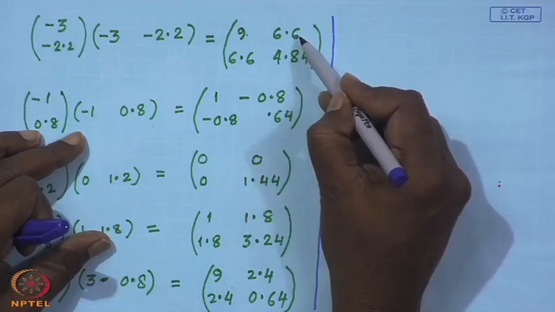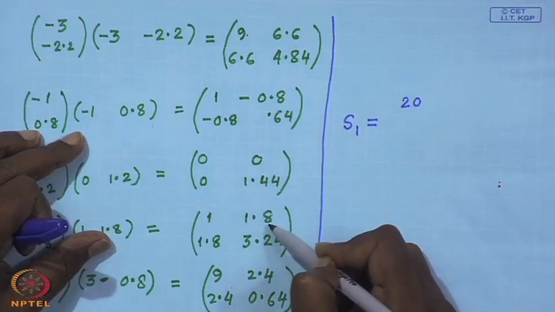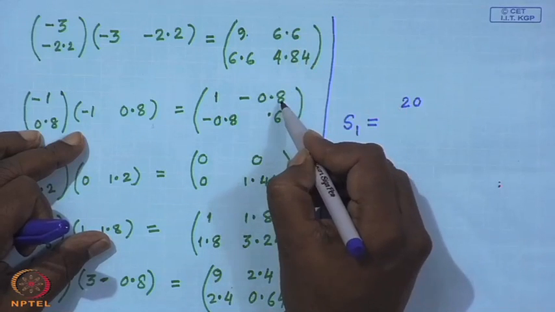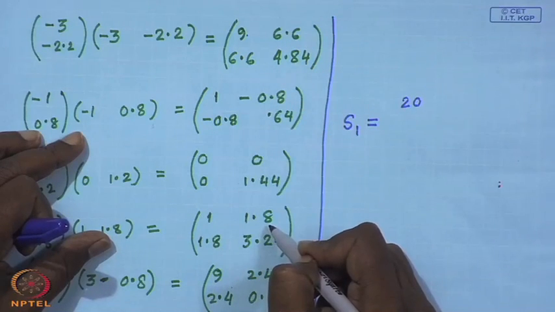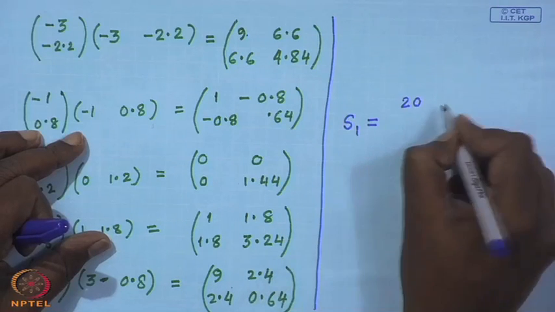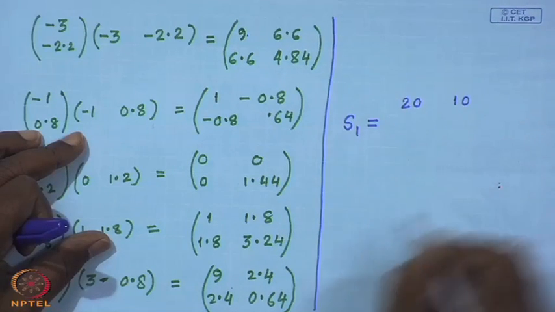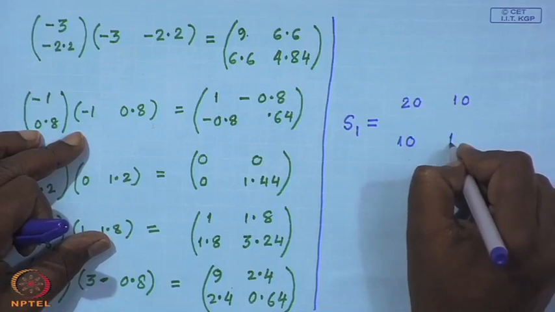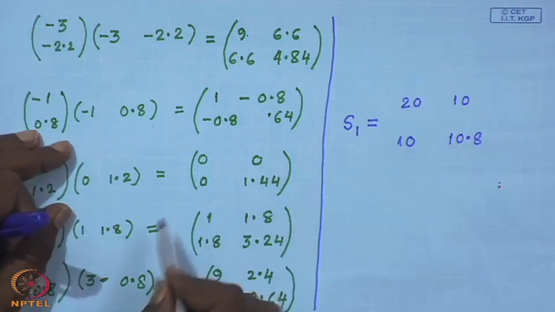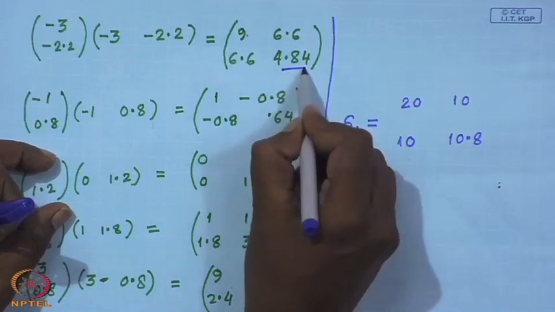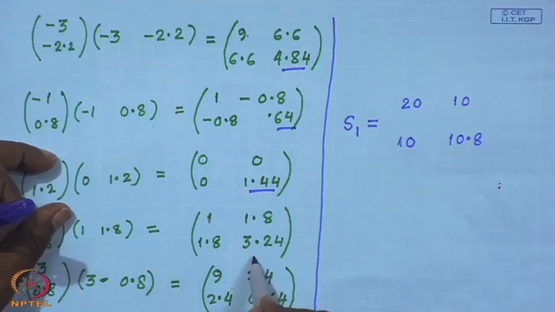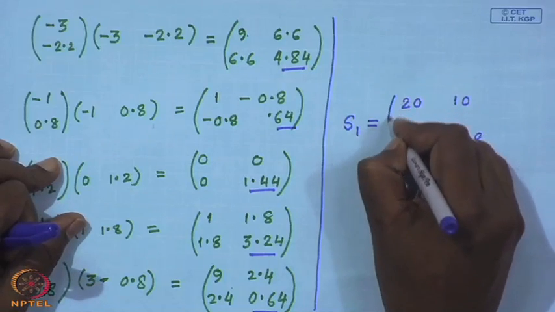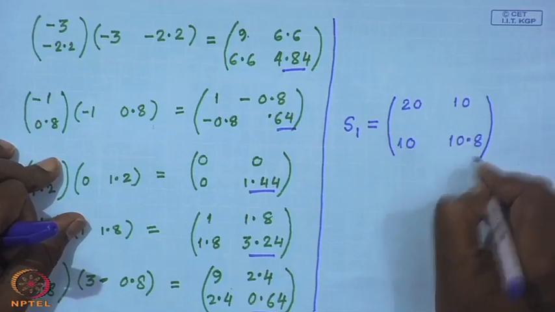Similarly, this is 6.4 minus 0.8 plus 1.8 plus 2.4, so this will be simply 10. This term will also be equal to 10, and here I will have 10.8, which is the sum of these five terms. So, this is my scatter matrix S1.